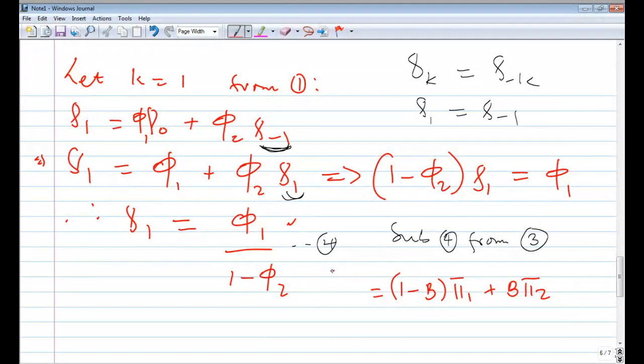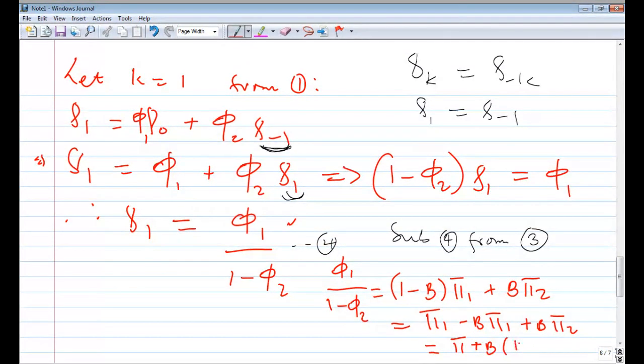So here you're going to have phi 1 divided by 1 minus phi 2, which is equivalent to what? Then you can open the brackets. You're going to have pi 1 minus B pi 1 plus B pi 2, which is equivalent to pi 1 plus B, open brackets, pi 2 minus pi 1.